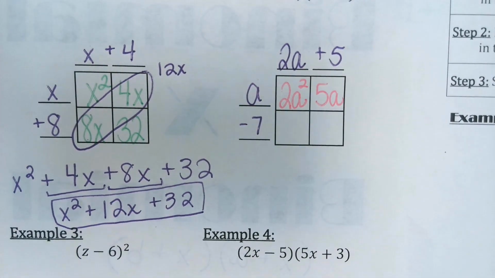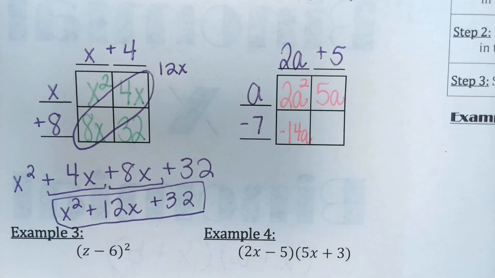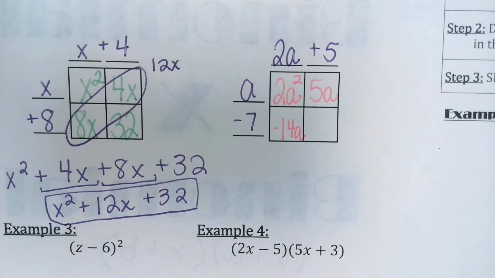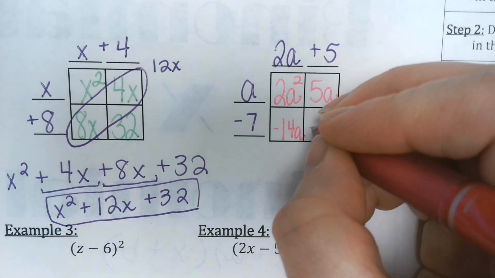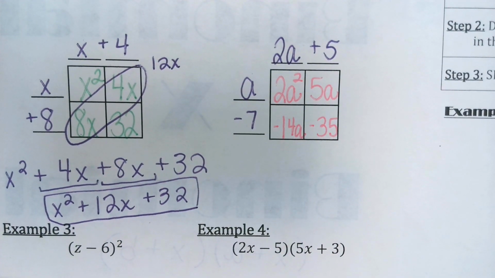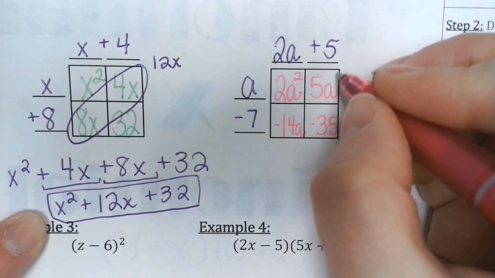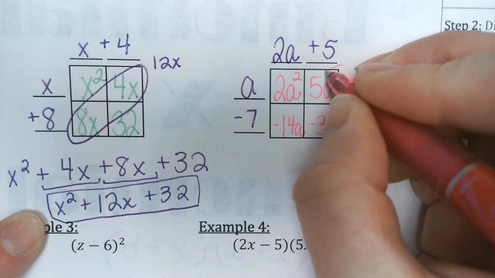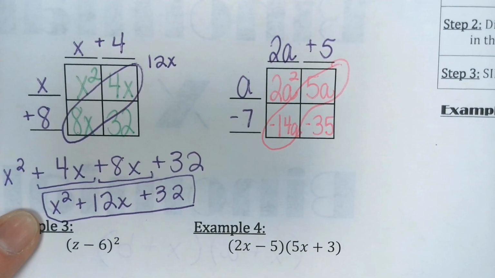Negative 7 times 2a is negative 14a, because it's a negative times a positive. And then negative 7 times positive 5. You can put it in the calculator, but it's negative 35. You can write it out, then combine and write your final answer. Or you can see that your diagonals here are like terms, and we can combine them now.